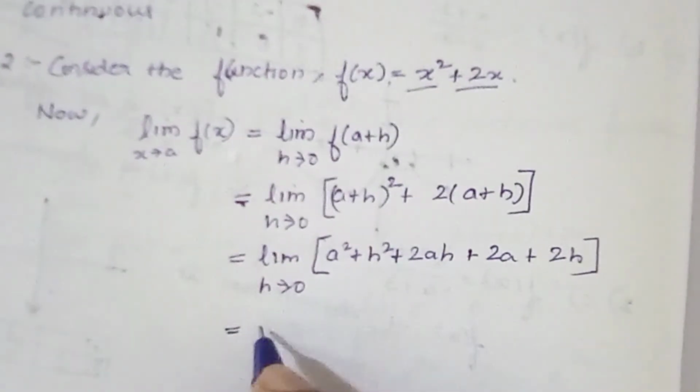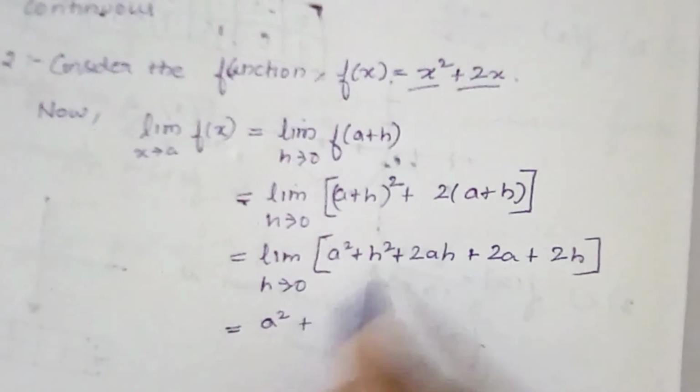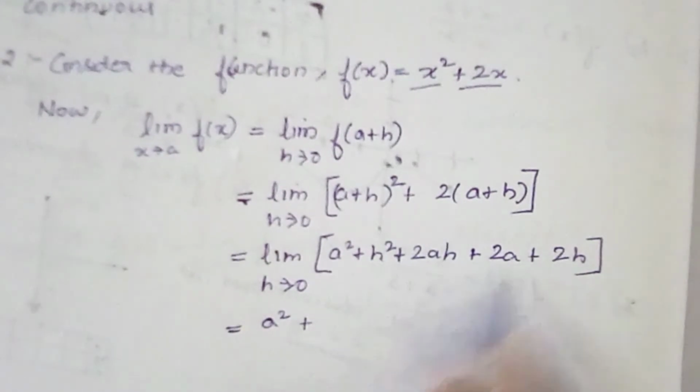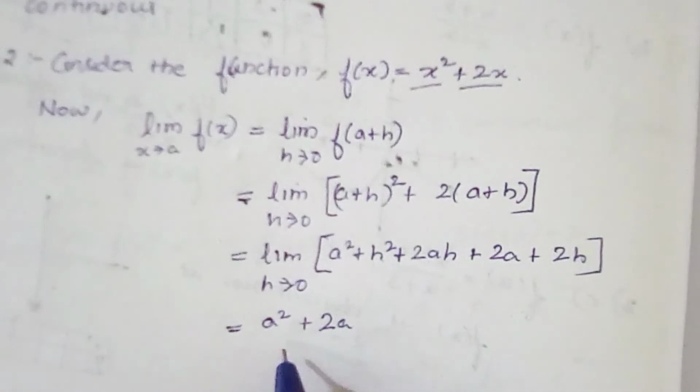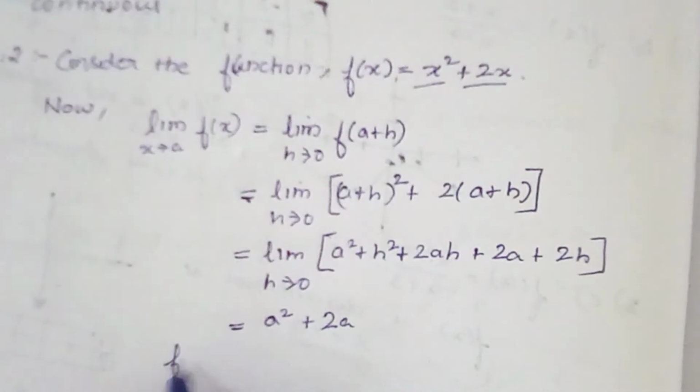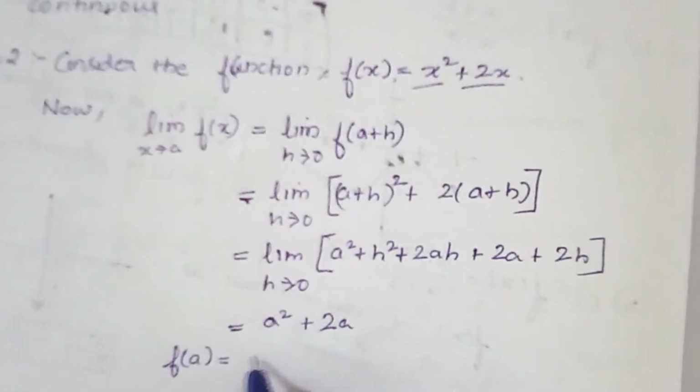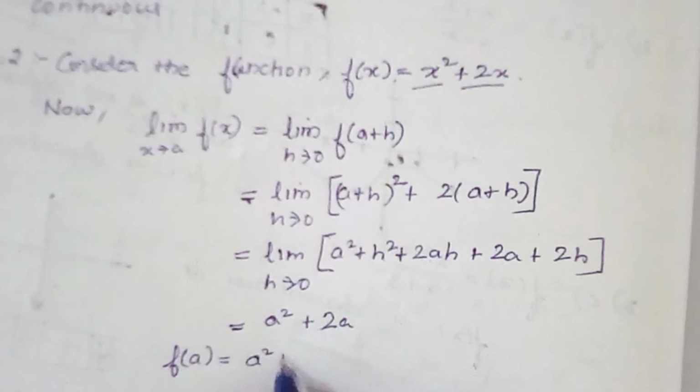Applying the limits, we get a squared plus 0, 0 and 2a. We get this. And also we know that f of a is equal to a squared plus 2a.